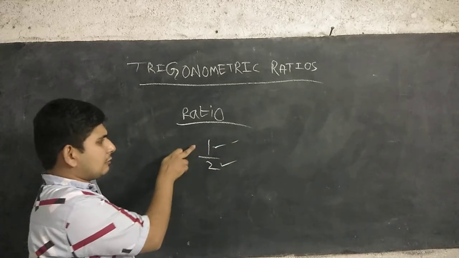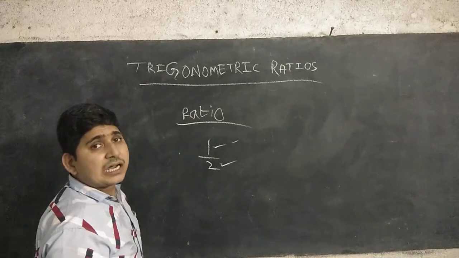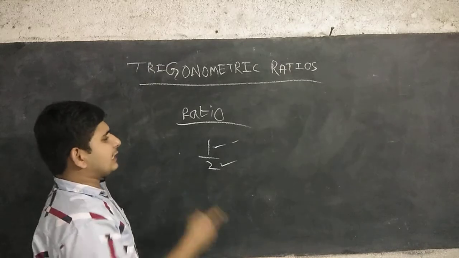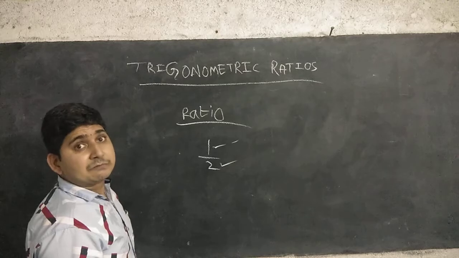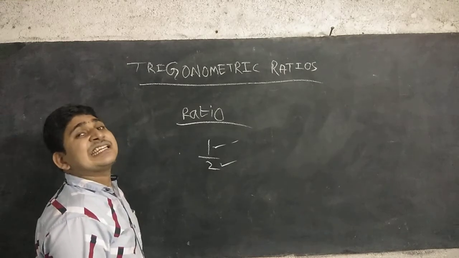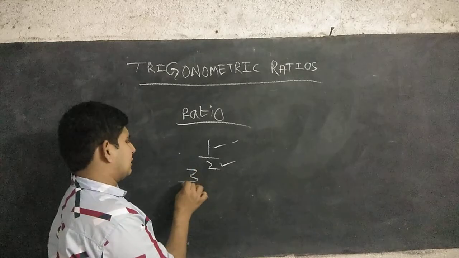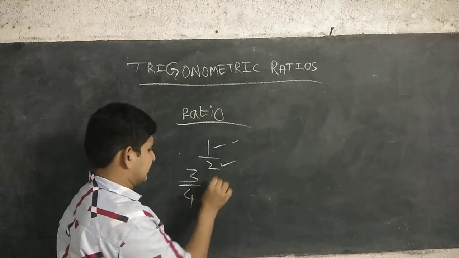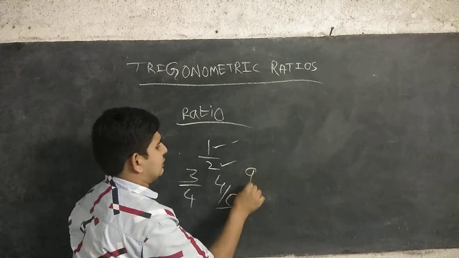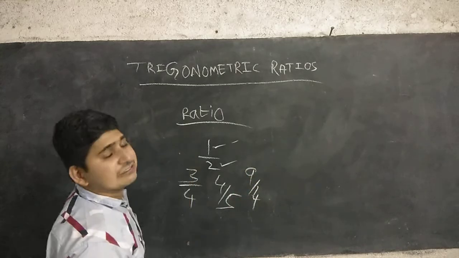Two different quantities which are not the same, that is known as a ratio. Examples: 1 by 2, 3 by 4, 4 by 5, 9 by 4, etc. In this way you can define the ratio.